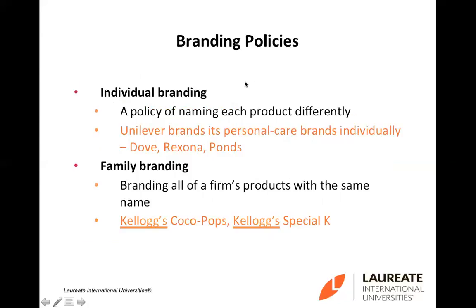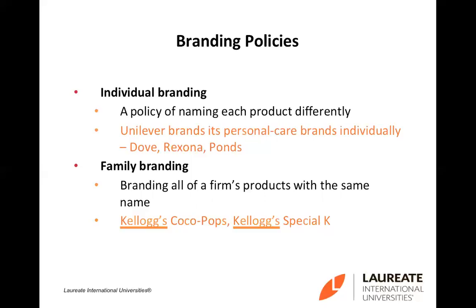Some companies have individual branding policies. That means when they launch a new product, they would brand it differently. While some other companies use family branding. So if you look at Kellogg's, for instance, they use Kellogg's as the brand name. Some other companies use a combination of those two.